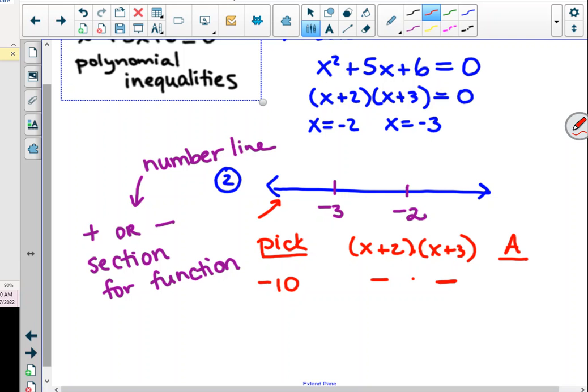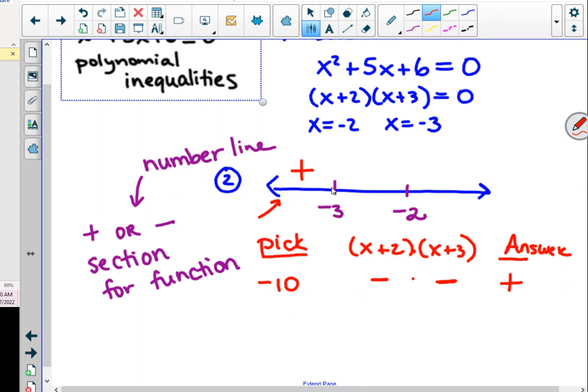So a -10 plugged into each factor makes both factors negative. I multiply two negative factors, for the answer, I get a positive.